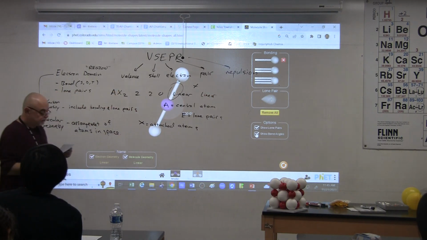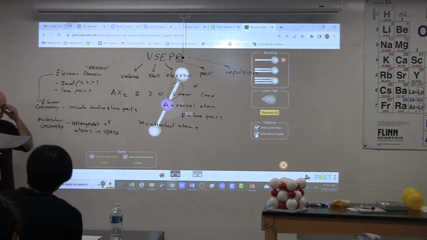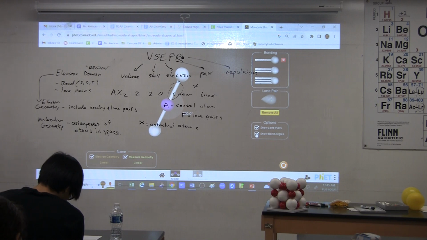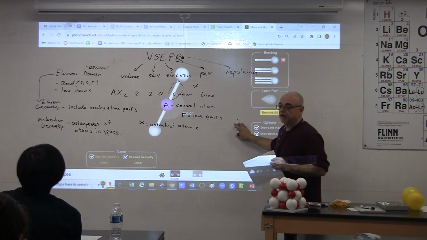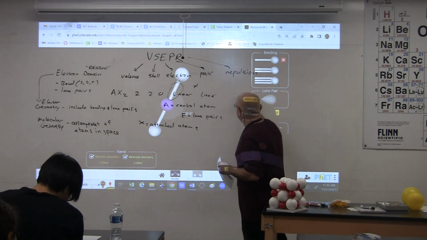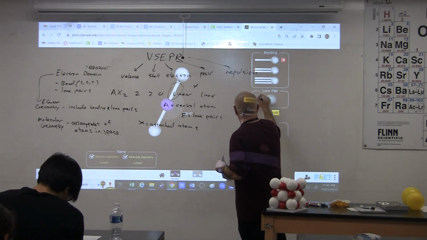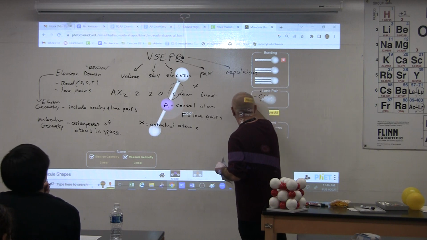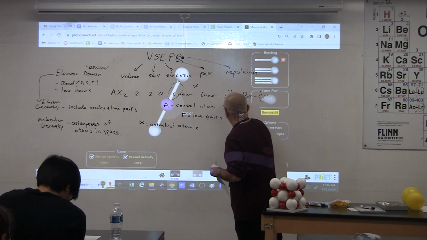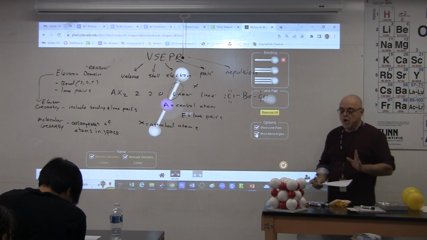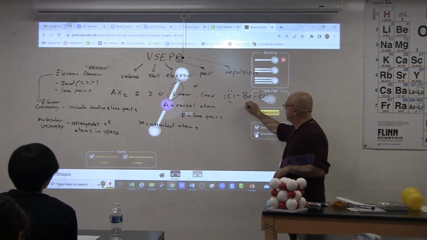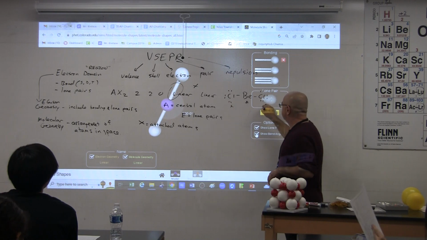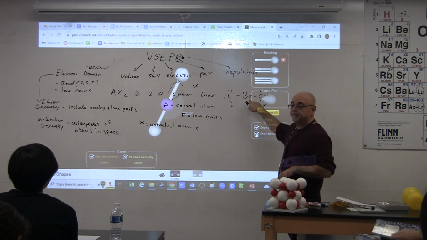Now, where it says example, I gave you a molecule that obeys this shape. And for that, I'm asking you to write the Lewis structure. So for beryllium chloride, you would find something that looked like this Lewis structure. Notice it fits the description. There's an A, there's 2 X's, and there's no lone pairs on this middle atom.